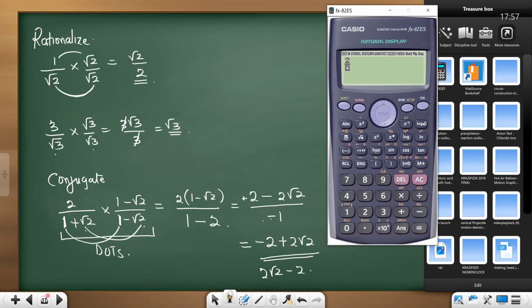Sorry, I'm just racing for time. 1 plus root of 2. Do you see? Negative 2 plus 2 root 2. So conjugate and rationalization.